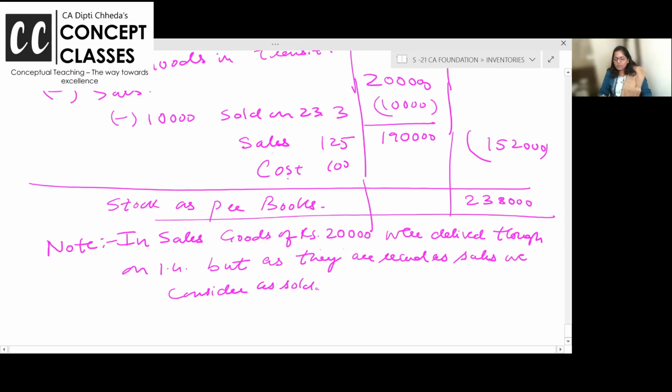Minus karoge to fir sale, you are not treating it as sales. We want 20,000 to be treated as sales.